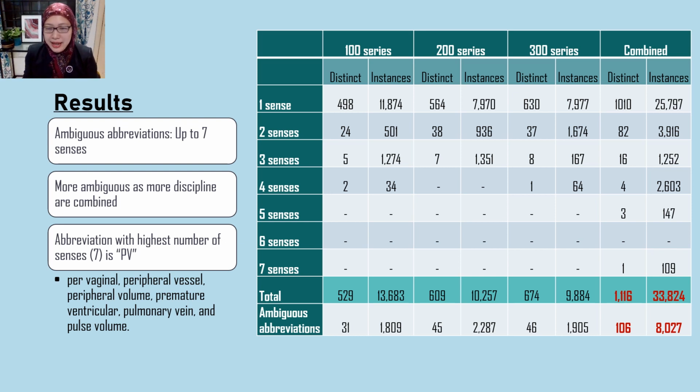So we can see that as the different disciplines combine together, the abbreviation becomes more ambiguous, which also implies that if you start to reuse clinical notes from one discipline to another, or for example refer one clinical note using an abbreviation to another discipline, that's where the problem can occur, because one discipline can use the same abbreviation with a totally different meaning, and it can cause miscommunication, misinterpretation, misdiagnosis, and even mistreatment.